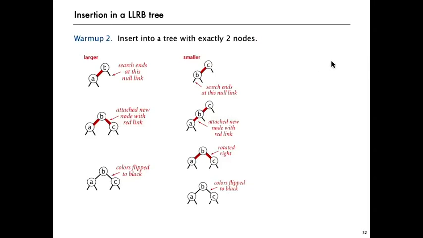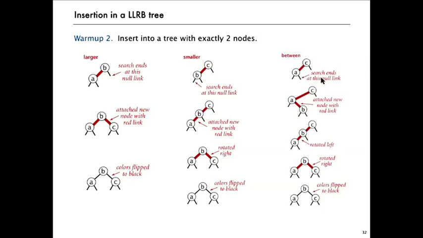Now we have to look at the third case, which is when the new node is inserted in between and comes out at this link here. Again, we just add a red link, and now we have a BST with 2 red links along a path connected to A, and that's not allowed. In this case, it's a bit trickier to fix the situation.